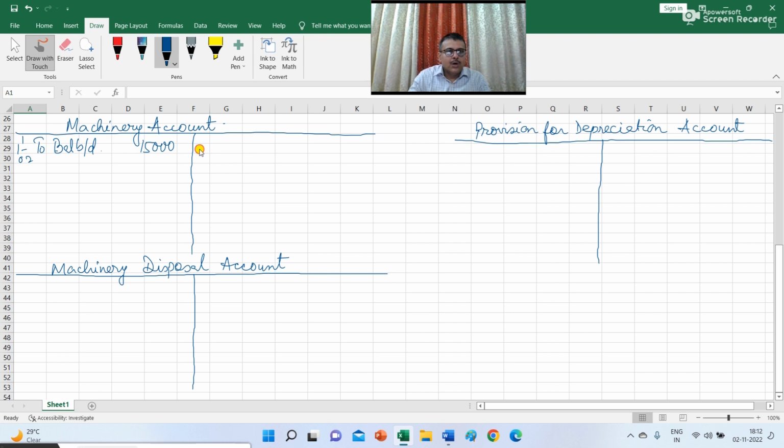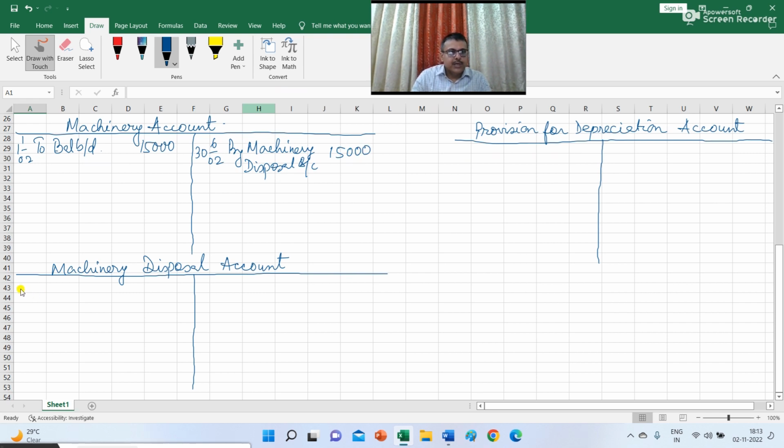Now on 30th June 2002, this machine was disposed of. So you have to pass a journal entry, that is machinery disposal account debit to machinery. So I am writing here by machinery disposal account, and the amount will be 15,000.